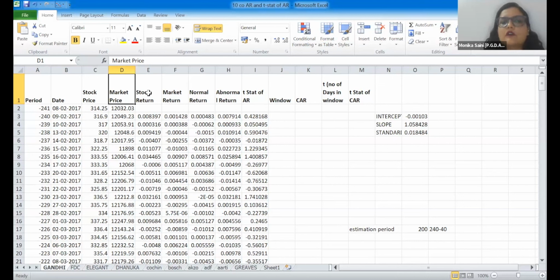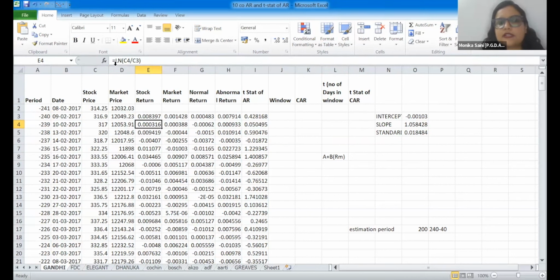So how we will calculate the normal return? Normal return is, I told you, it is alpha plus beta multiplied by the market return, right? Now, how to calculate these alpha and beta? These will be calculated based on the stock return and the market return. So we all know that we should be taking the natural log of stock price data to calculate our stock return.